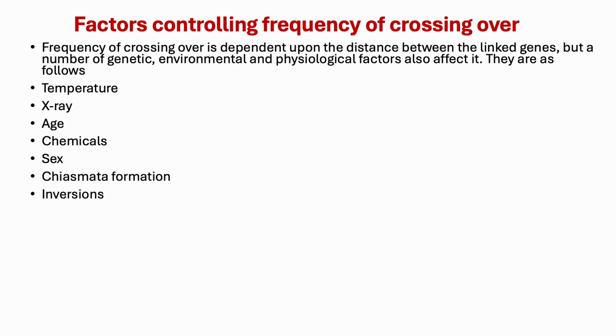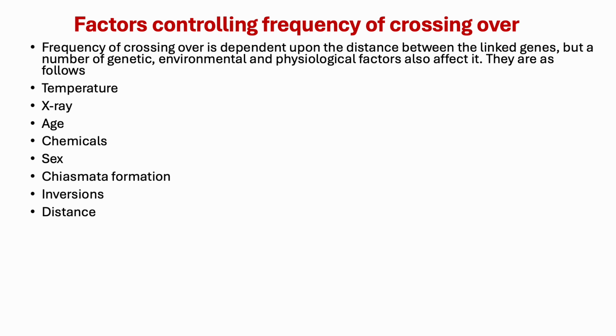And then next one being inversions. Inversion of chromosome segment suppresses the crossing over. And then the distance between the linked genes is the major factor which controls the frequency of crossing over.